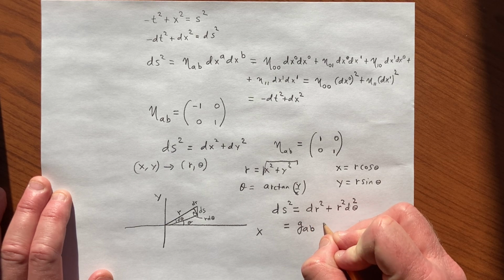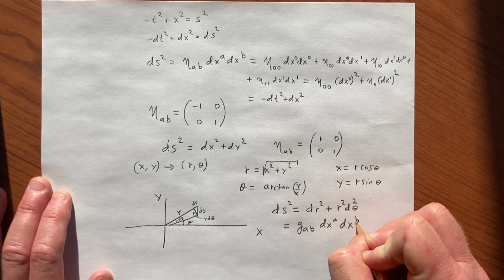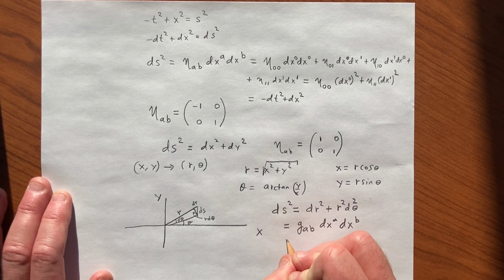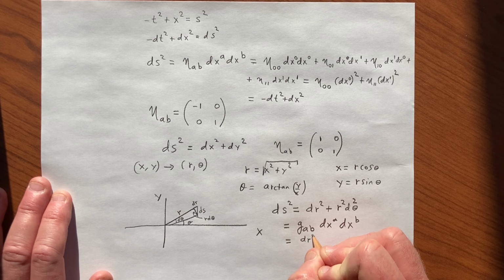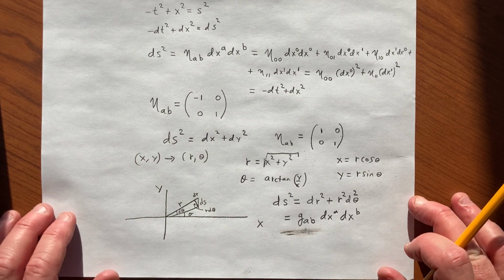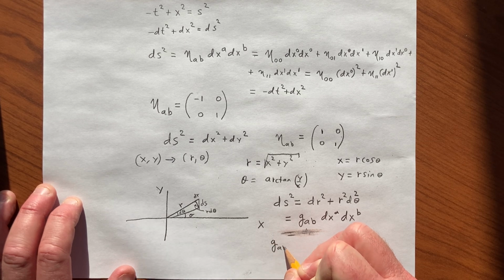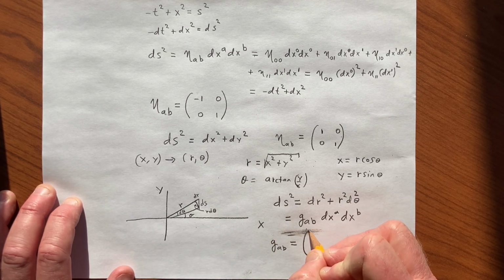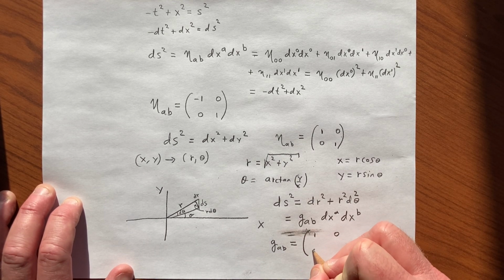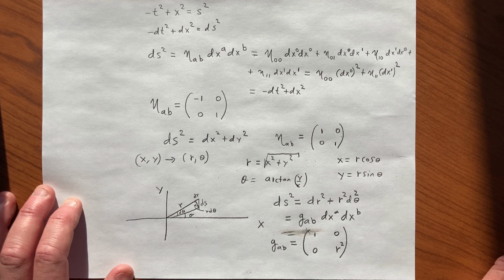This is a more general term, but it's the same kind of object that we were talking about here. And these are general coordinates. So this thing has to reduce to what I just wrote here. But the point is that the tensor that does the job of giving us this distance in these different coordinates looks like this. Okay, so it's not 1, 0, 0, 1. It looks like that.